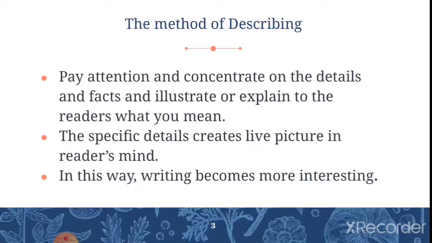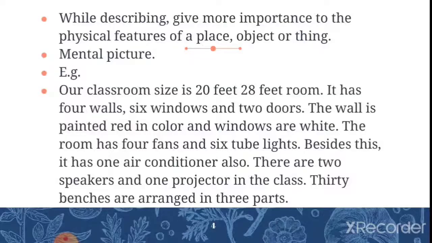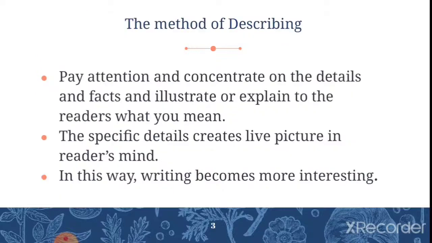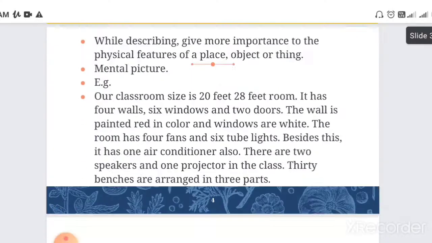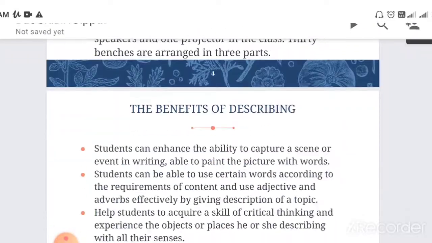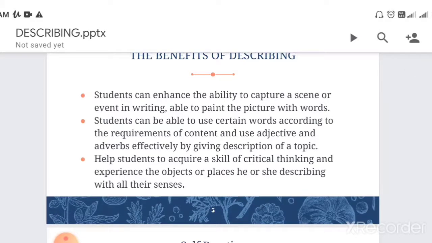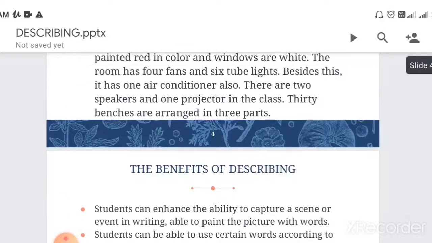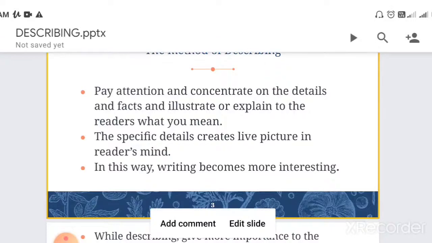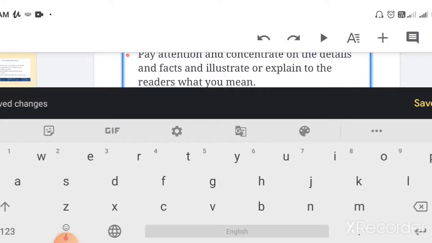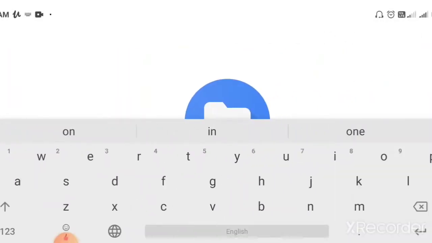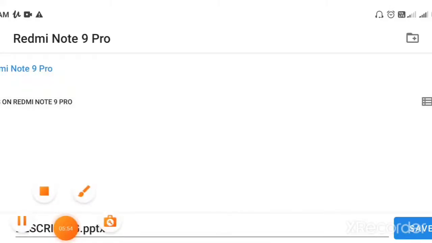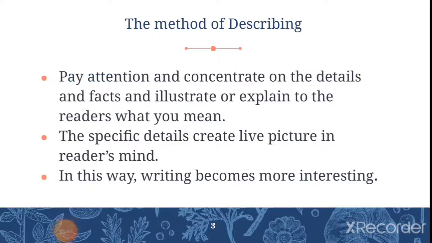Okay, first we correct this. The specific details create live picture in reader's mind. Okay, now it is correct.